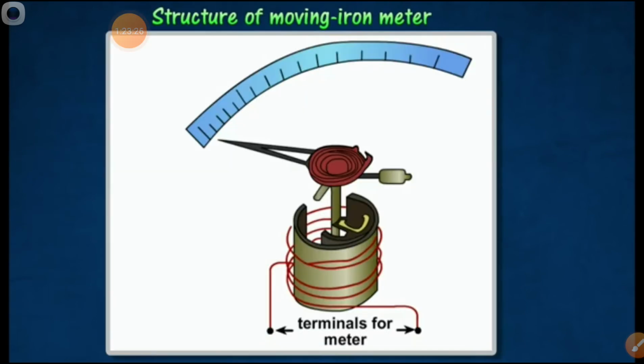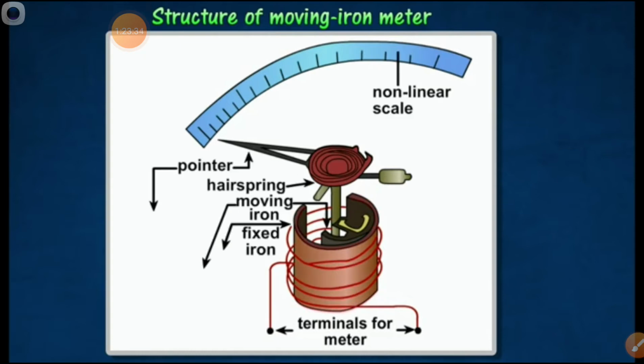So, the working principle we have already seen. Just look at the structure of moving iron meters. When supply is given, it is magnetized. You can see the animation, the color is changing. There is a fixed vane and a moving vane inside, a hairspring for controlling torque, and a pointer and non-linear scale.